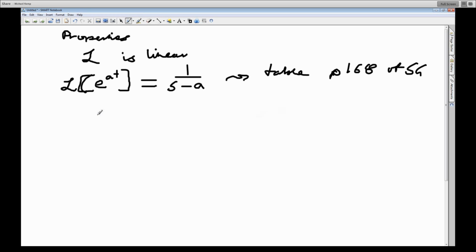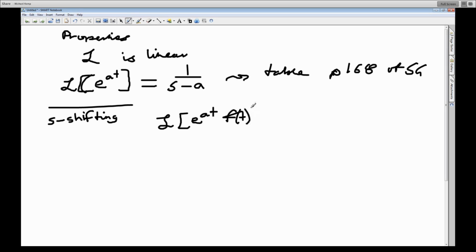There are a few useful rules. So the first one, which was introduced in Maths 220, was S shifting. So the first shifting theorem. So if you're doing a Laplace transform of any function at all, so f of t, let's just take a step back.